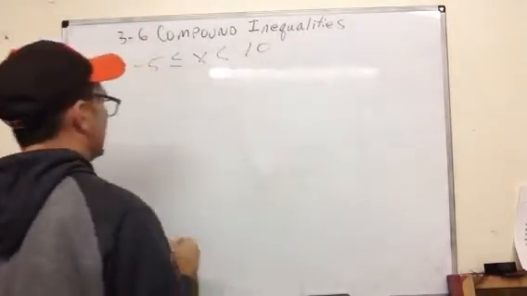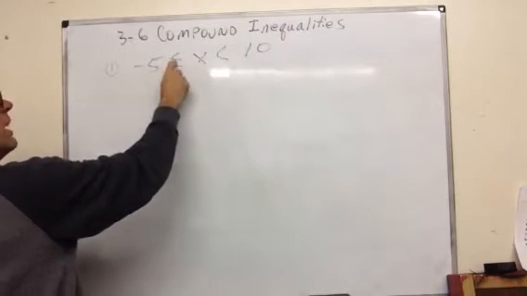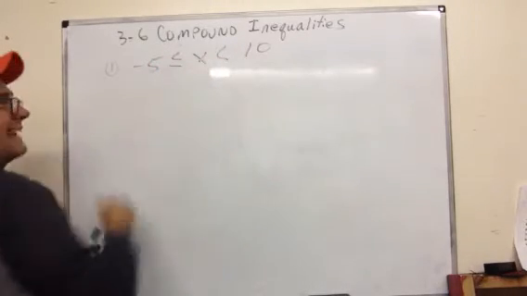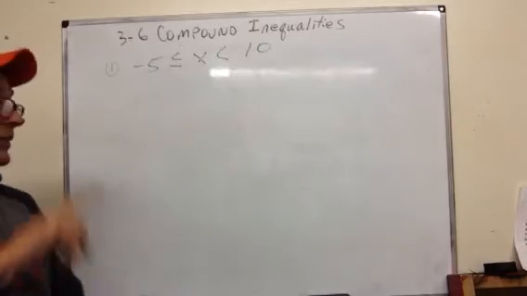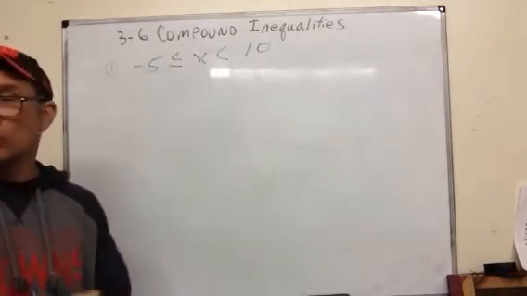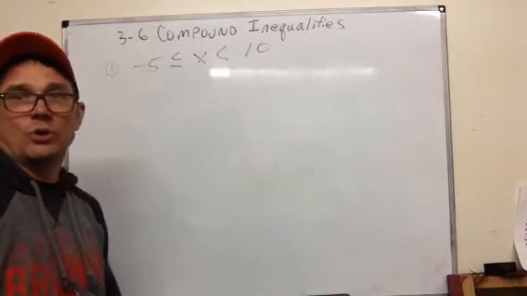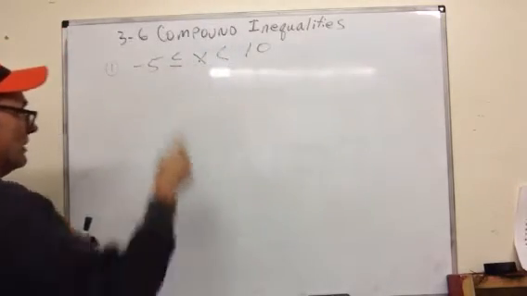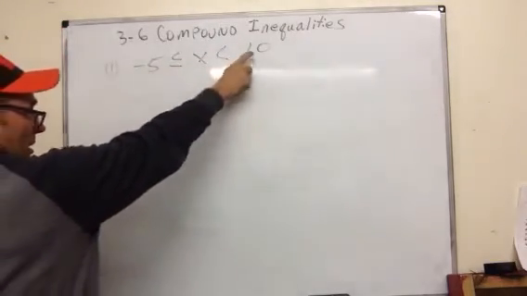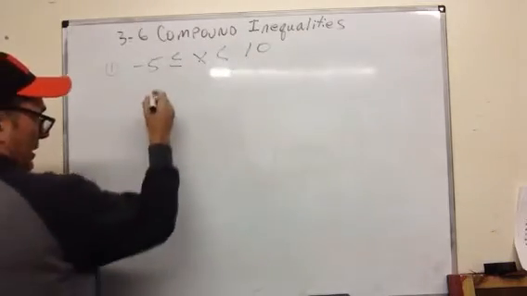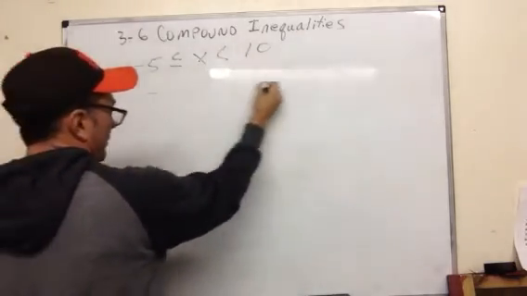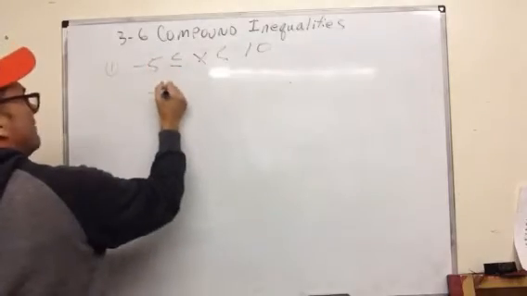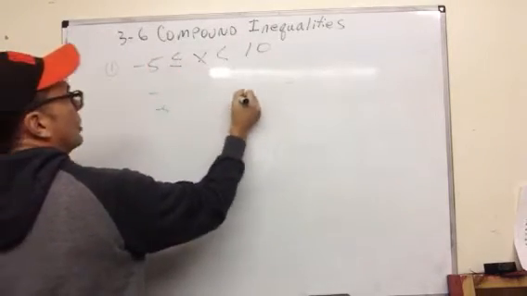Now when we're reading this, do you notice how both of these inequalities have to be going the same way? If they're going opposite ways, you messed up and it's no longer true. Most of the time you're going to see the smaller number here, the larger number here. So if we go to graph this, we know -5 is here, we know 10 is here.